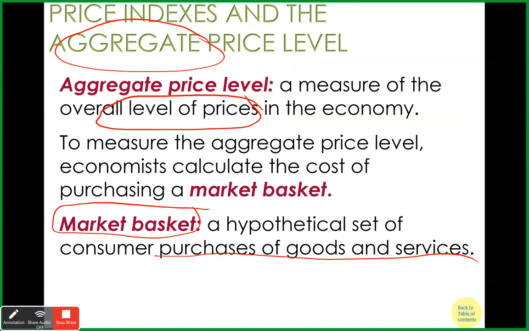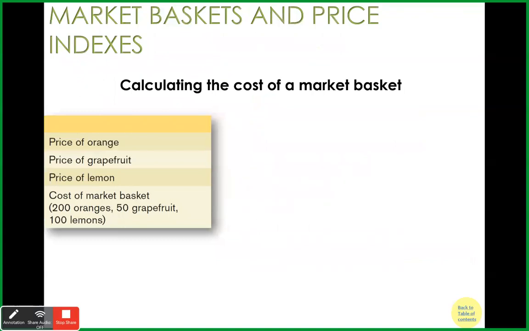Usually maybe you add eggs, or say your mortgage payment or college tuition, right? So that's the idea of what this market basket means. We will get back to it later. Now let's look at a simple example to understand how we calculate the price level.